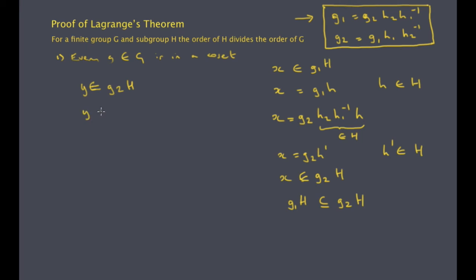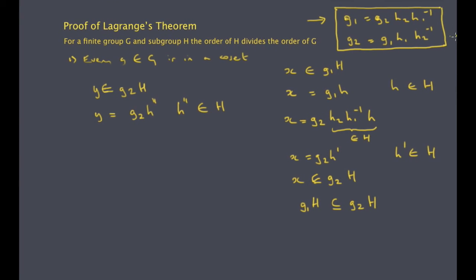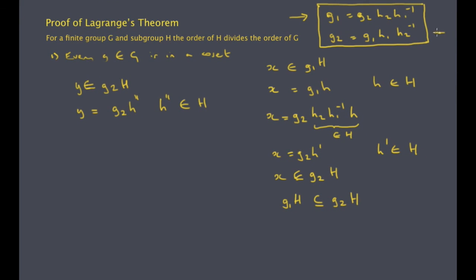So we can write y as equal to g2 h double prime, with little h double prime in H the subgroup, and again from our expression here we can write y in terms of g1, so g1 h1 h2 inverse h double prime.